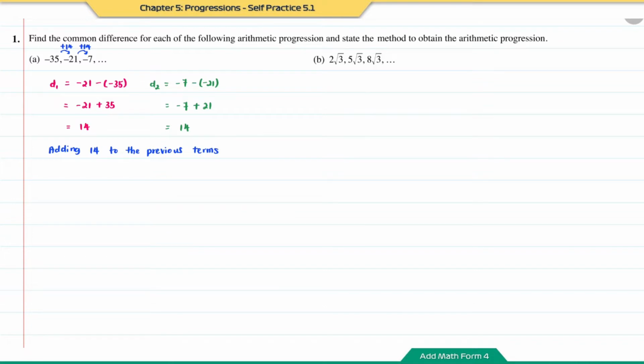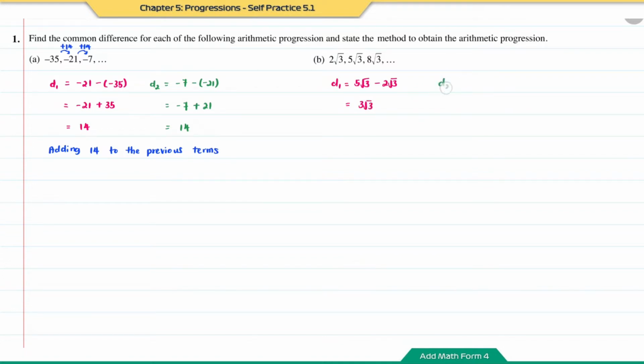Question B. This arithmetic progression involves surds. To find the common difference, first I'm going to use 5 surd 3 minus 2 surd 3. As these are similar surds, I can subtract them together. So this will give you the answer of 3 surd 3.